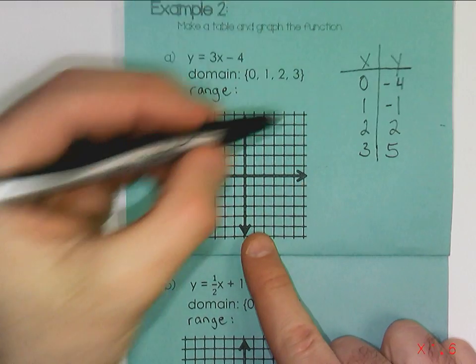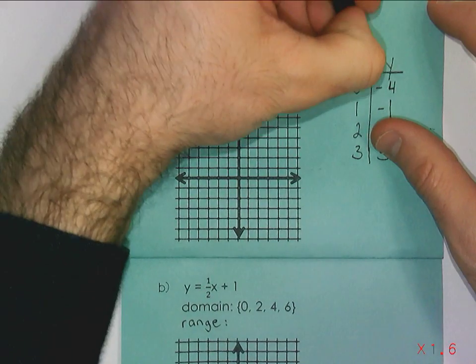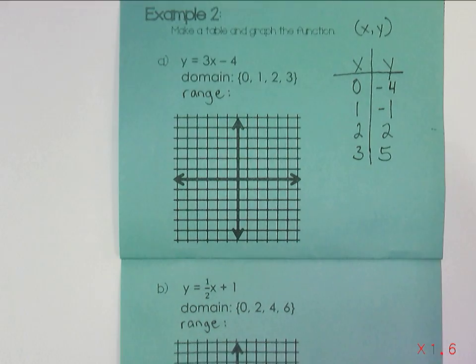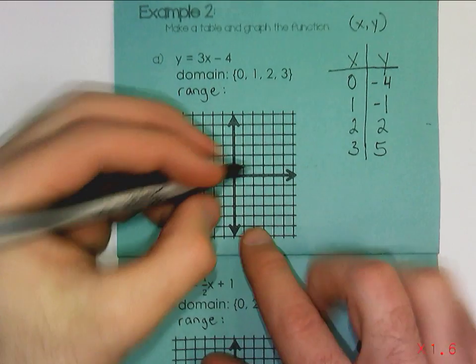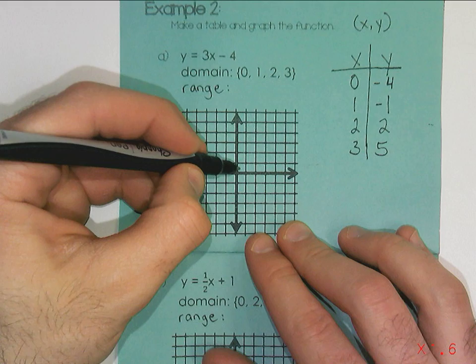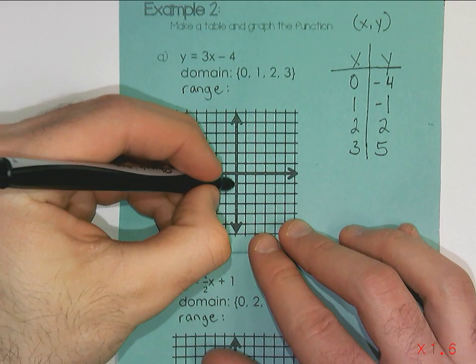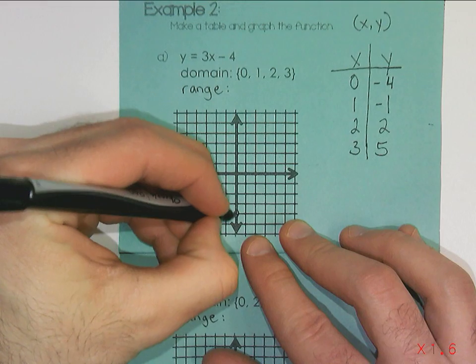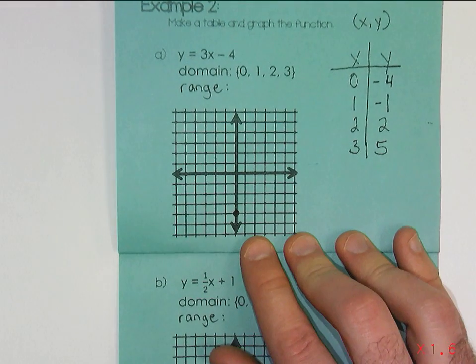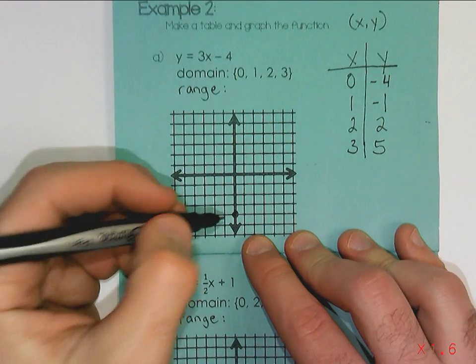So remember, in an ordered pair, it's x comma y. And we need to plot these points. So 0, that means I'm not moving anywhere on the x, and I'm going down 4 spaces. 1, 2, 3, 4. So that's where my first point is. It's kind of hard to see that, but you should be able to plot it.